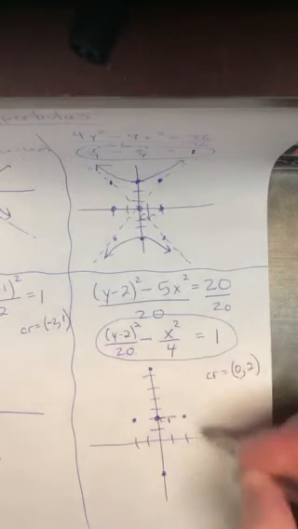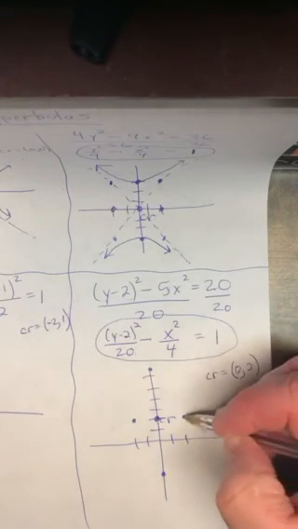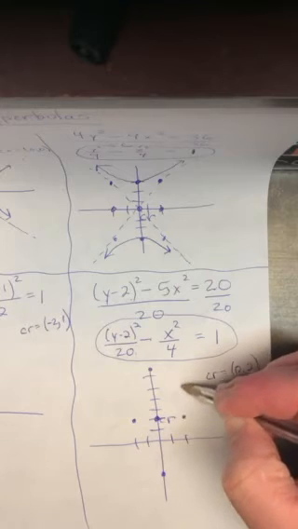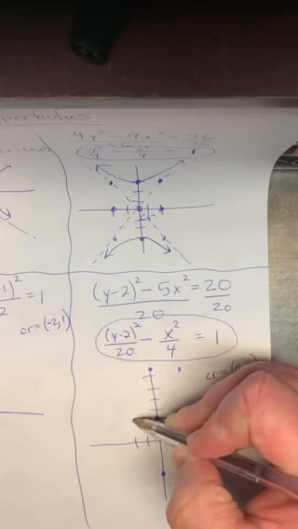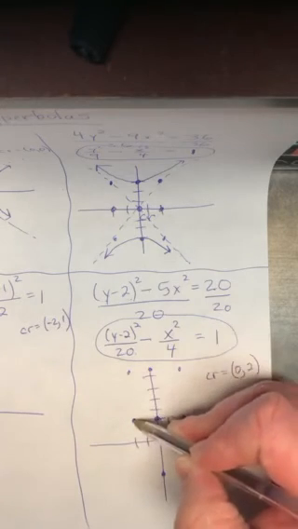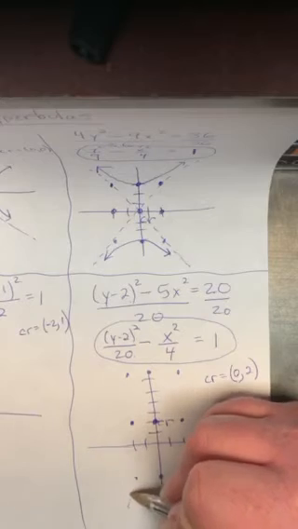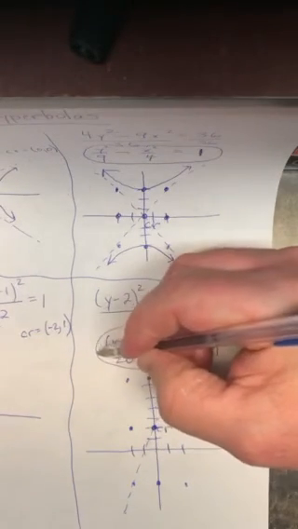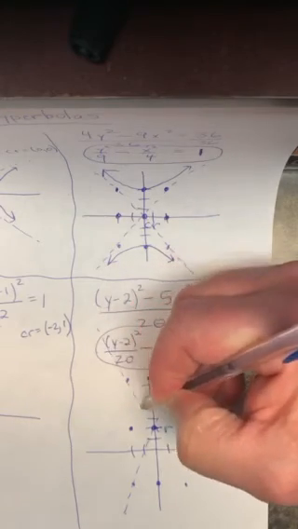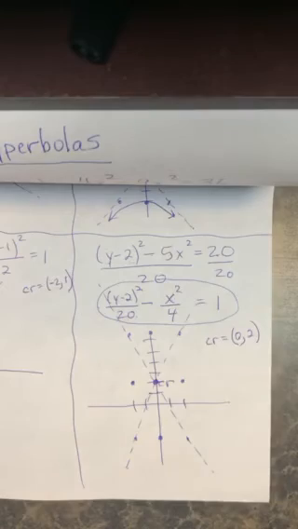Again, don't connect and make an ellipse, because there's a minus, it's a hyperbola. I got to go to this dot, make a corner, getting the hang of it. Make a corner, make a corner, and make a corner. Interesting. I've got a really big diagonal going through there, and another really big diagonal going there.